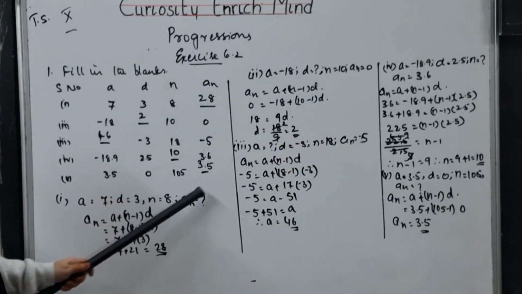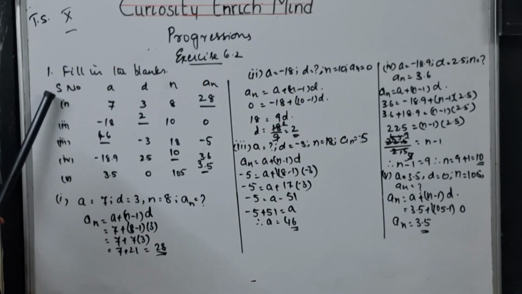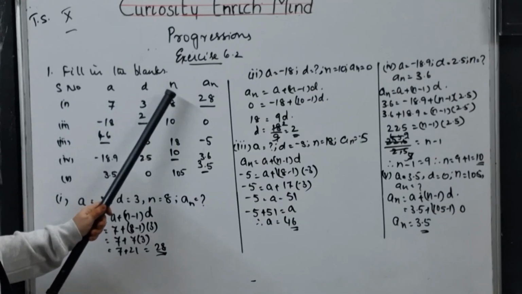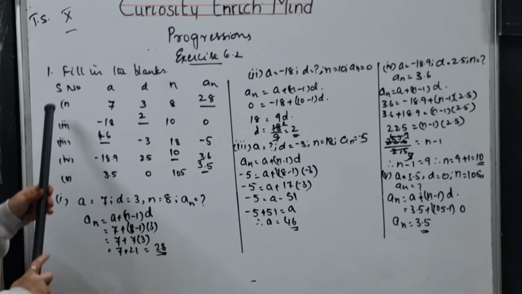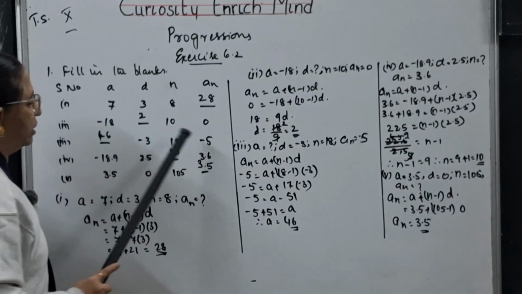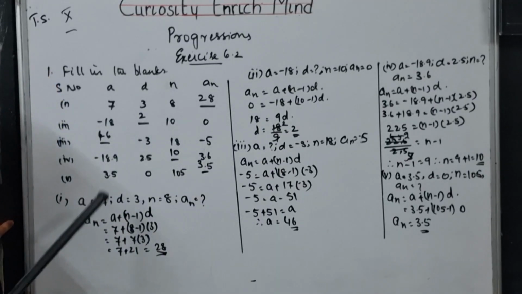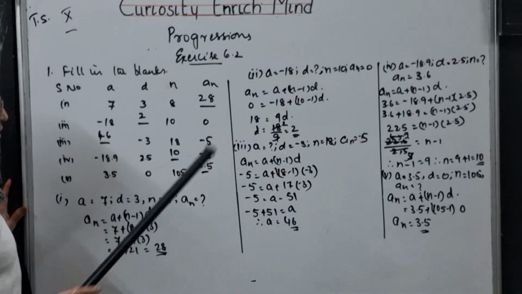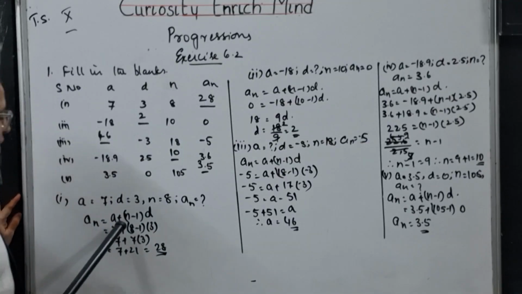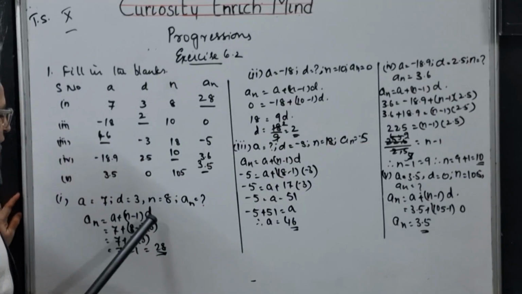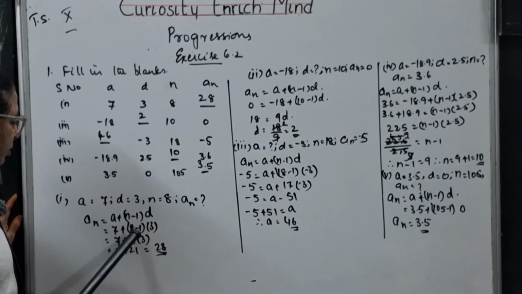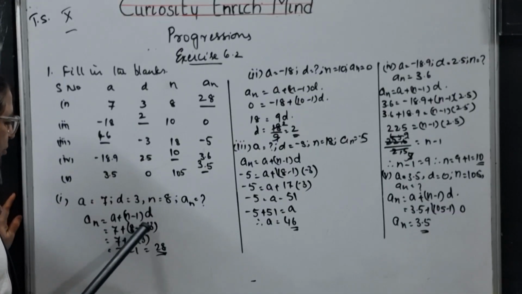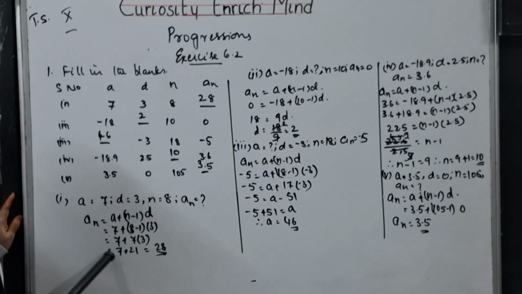This is the table that they have given. Serial number, A, D, N, AN. So in each problem, one quantity is to be filled. So in the first bit, they have given A, D, N, and you have to find out AN. So AN is equal to A plus N minus 1 into D. A is 7 plus 8 minus 1 into D is 3. So 7 plus 7 into 3.